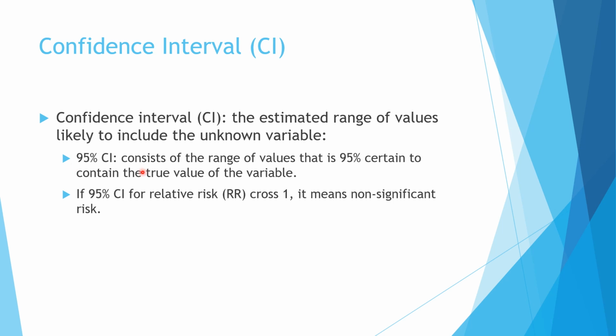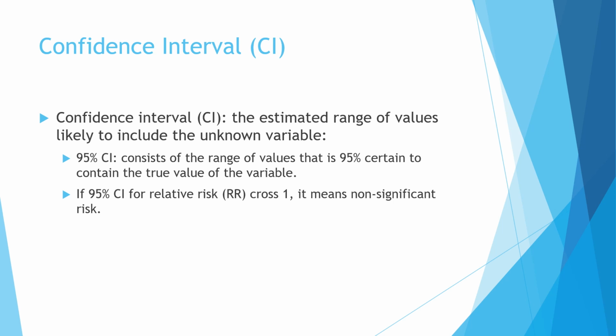So when you say that the 95% confidence interval is from 2 to 3, that means that you're 95% certain that the value that you're studying will fall between 2 and 3.